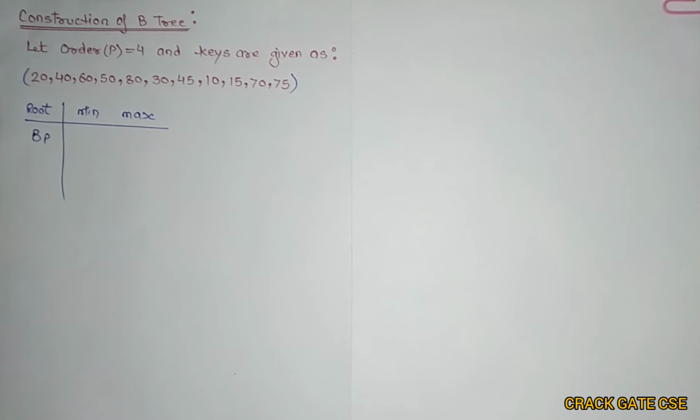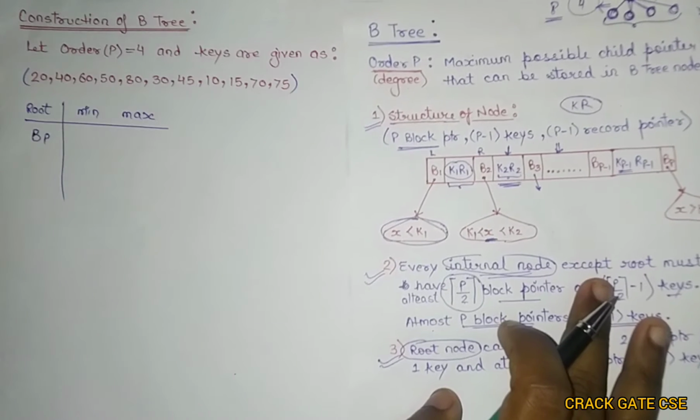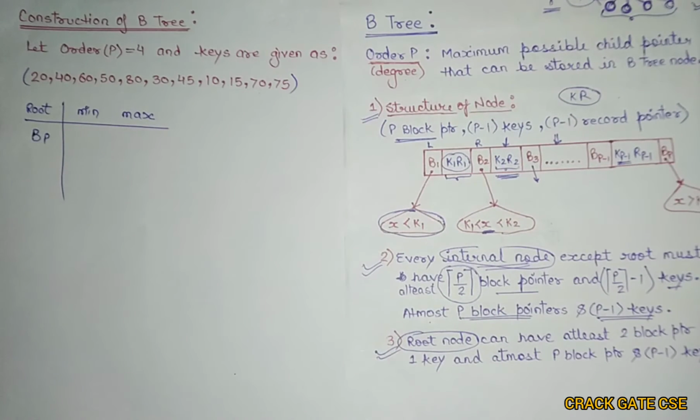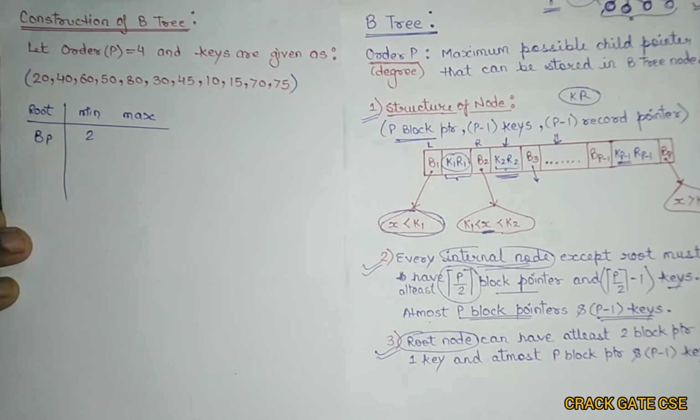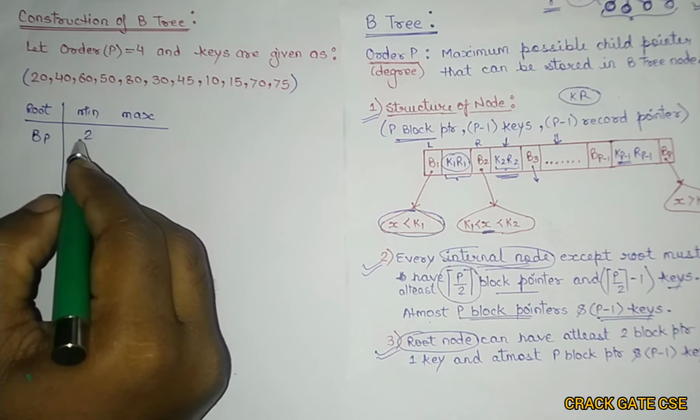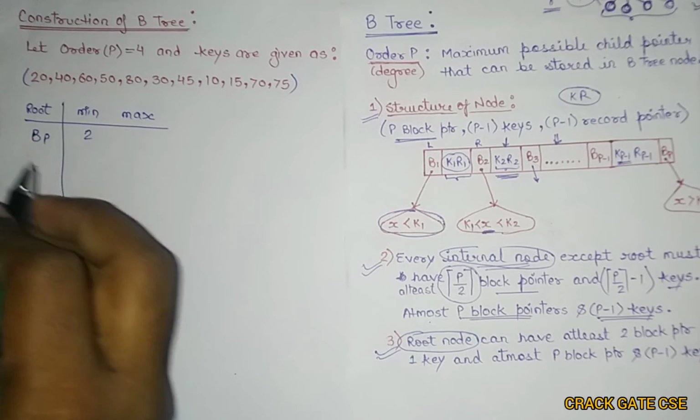How many minimum block pointers can be there in a root? I told you that a root node can have at least two block pointers. If there are two block pointers, then 2 minus 1, how many keys?